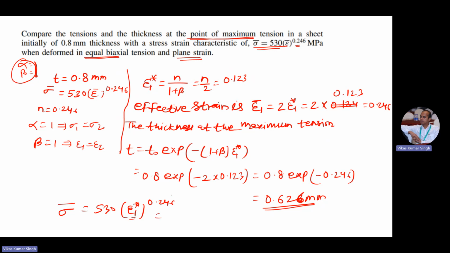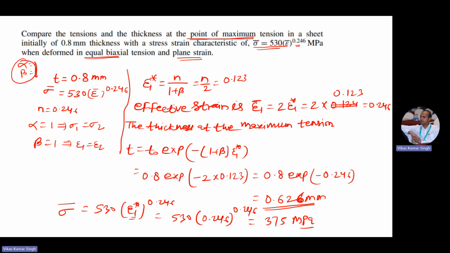This value is already calculated. So this is going to be 530 into 0.246 to the power 0.246, and this value is going to be 375 MPa. This is the effective stress at the point of maximum tension.